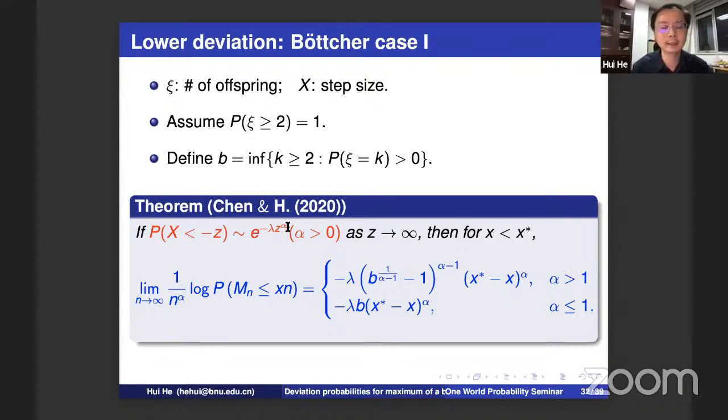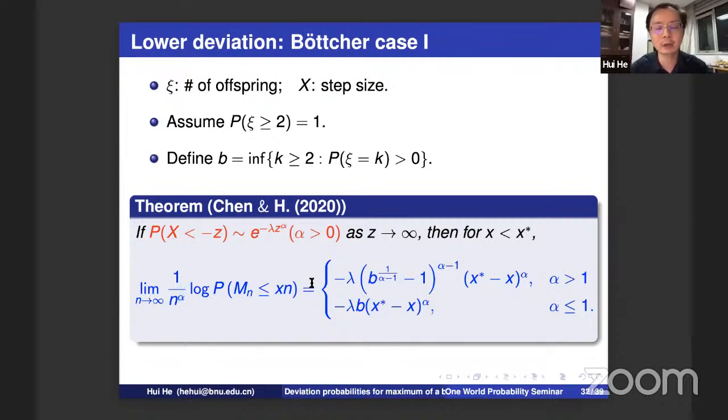If alpha is less than 1 it's sub-exponential decay, and if alpha is larger than 1 it's super-exponential decay. So as we see, if the left tail of the step size decays at this rate, the lower deviation probability also decays exponentially. However, after taking the logarithm, the rate function is 1 over n to the alpha here. So this alpha is the same as this alpha.